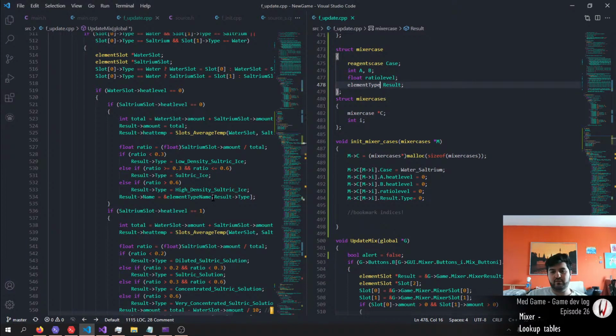It's going to be a result. So in this case, it's going to be just the heat level, there is a ratio level, and then type is gonna be low density sulfuric acid. Right.